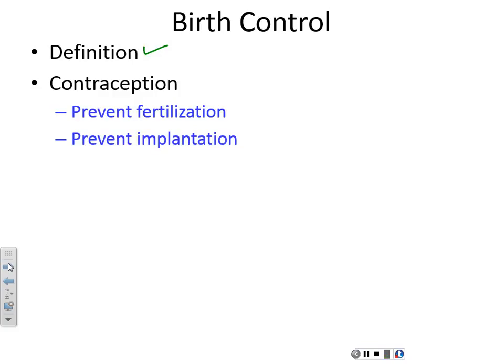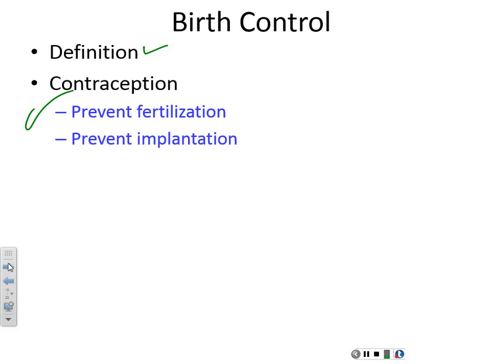Contraception is not birth control. Contraception is a mechanism that actually stops the development of the embryo, the release of the egg, or the implantation of the blastocyst, or prevents fertilization from occurring altogether.